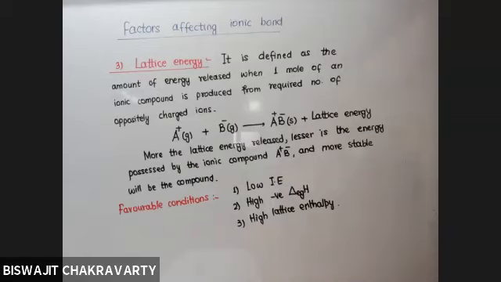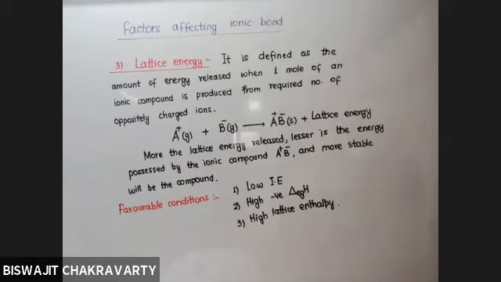Okay. So whenever 1 mole of ionic compound is produced, not one ionic compound is produced. 1 mole means what? 1 mole means 6.022 into 10 to the power 23 units of ionic compound is produced from its required number of ions. Now, if we are talking about an ionic compound like NaCl, how many Na plus ions will be required to produce Avogadro's number of NaCl?